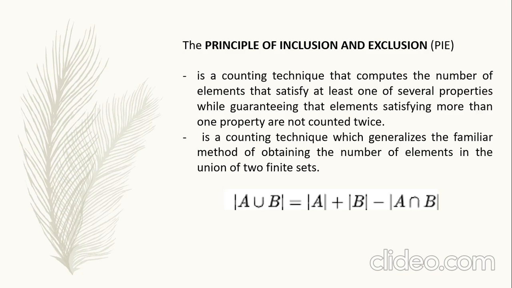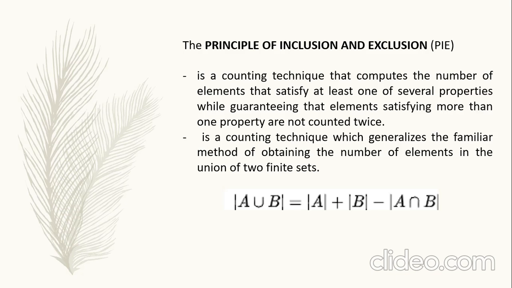It is a counting technique which generalizes the familiar method of obtaining the number of elements in the union of two finite sets. Symbolically, it is denoted by the cardinality of the union of A and B is equal to the cardinality of A plus the cardinality of B minus the cardinality of the intersection of A and B.